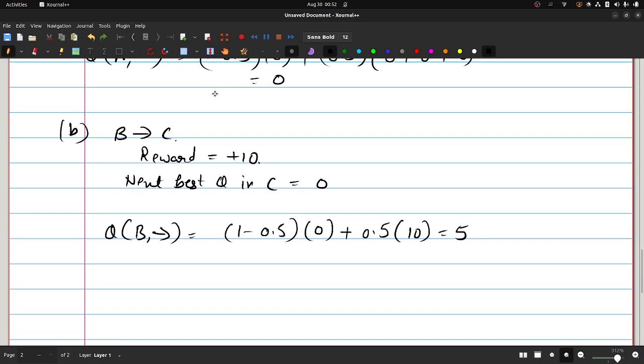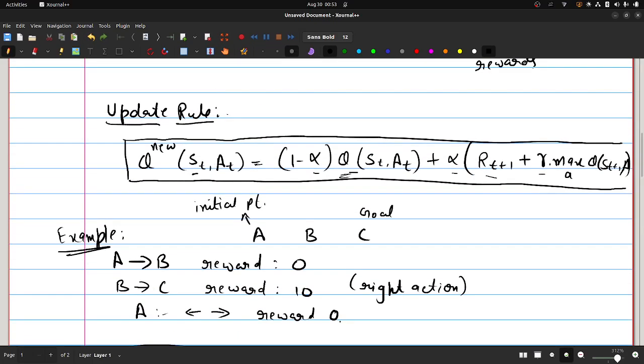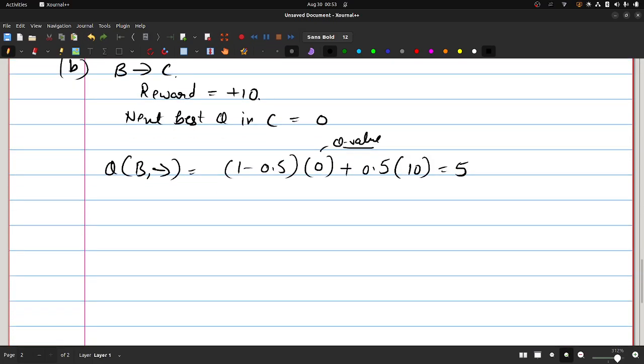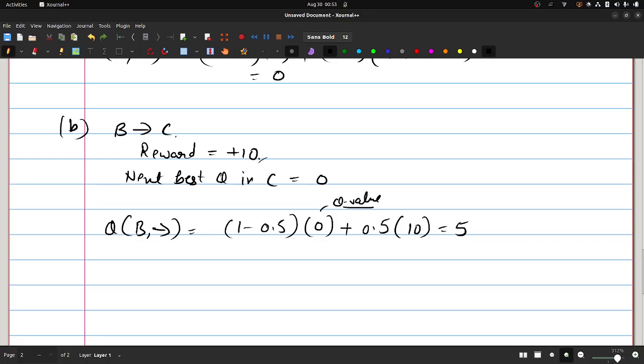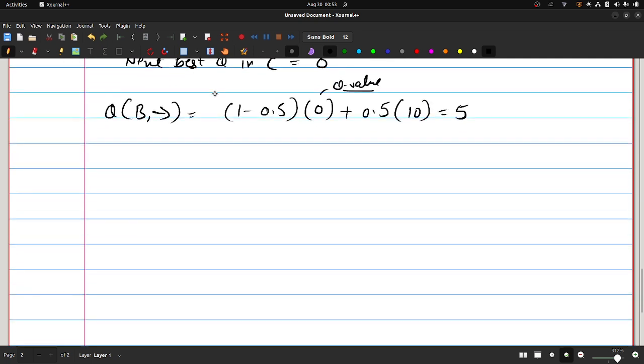Sorry, this is the Q value, it is given here. Reward is not 0, reward is 10, but the Q value is 0. So the Q value for state B when it takes a right action is equal to 5. Now we have to update our Q table.